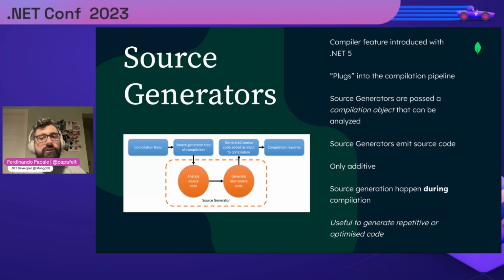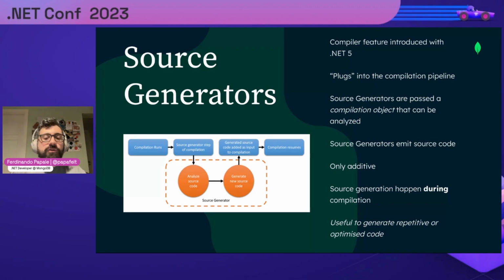And so, for example, you can implement certain things so that the code could be not compilable before the source generator, but then it could be compilable after the source generator generates some code. So it's different from IL weaving.